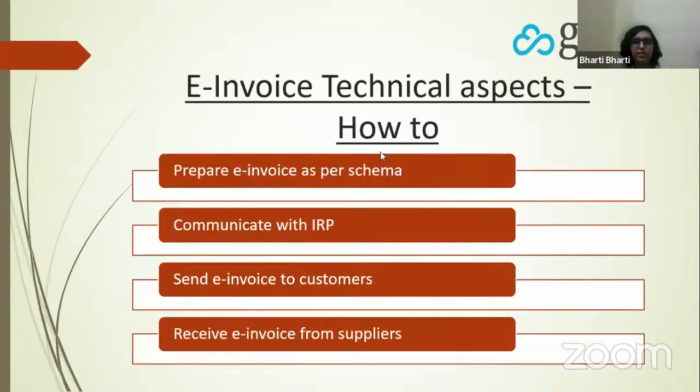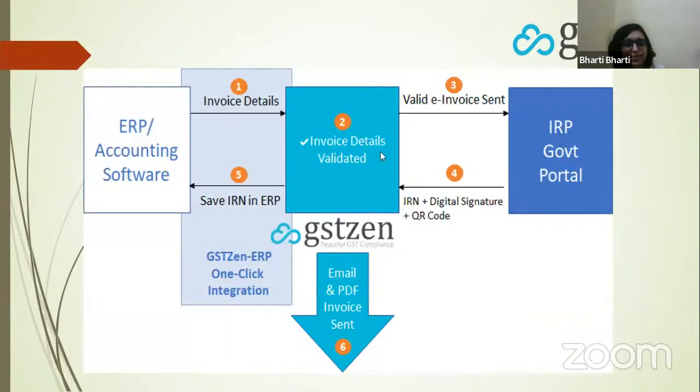E-invoice technical aspects. Okay, so we'll be looking at preparation of e-invoice as per schema, communication with IRP, sending it to the customers, and receiving the e-invoice from suppliers. When the ERP or the accounting software is sending the data through Zen, we first perform a set of validations to check the data.